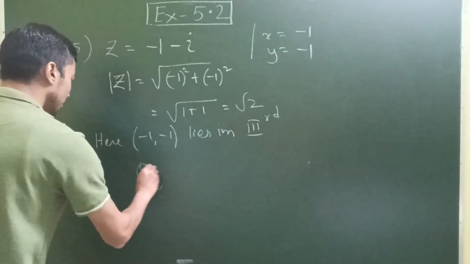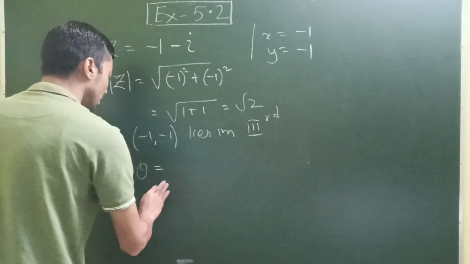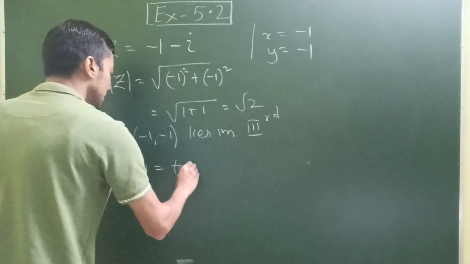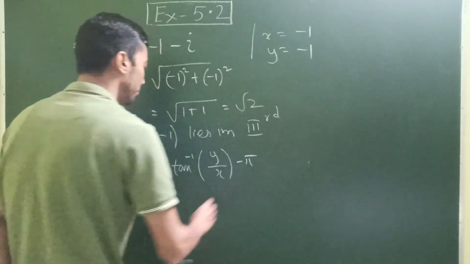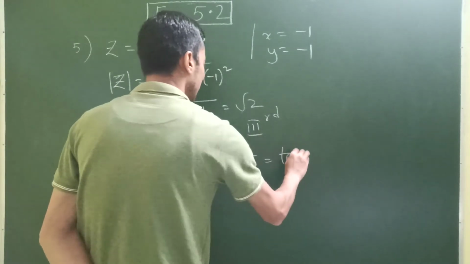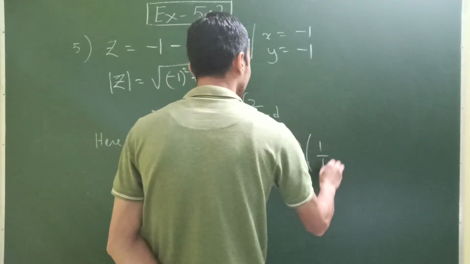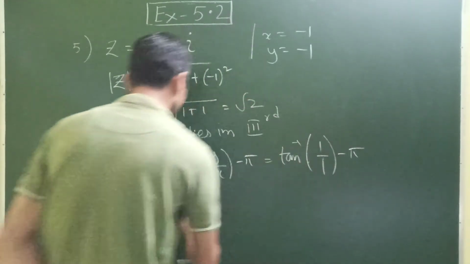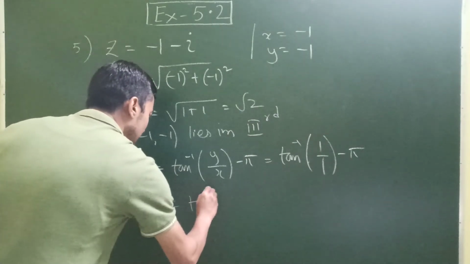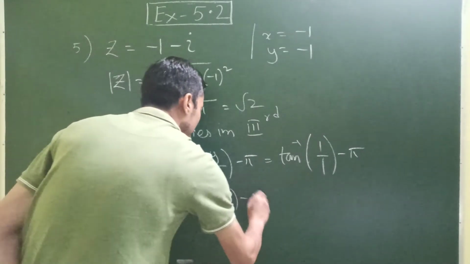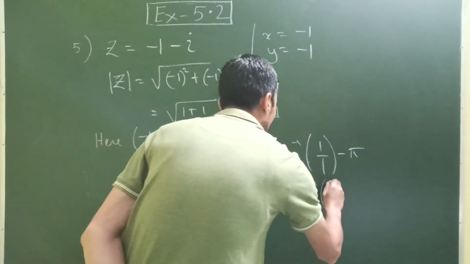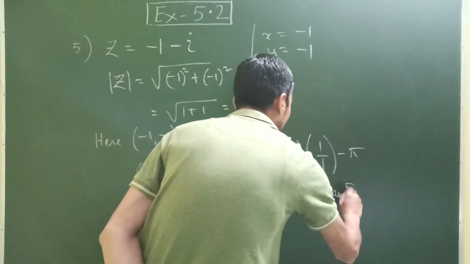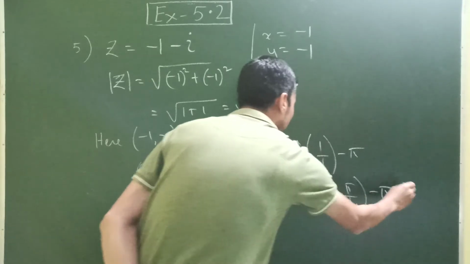So in that case, what will be our argument? Third quadrant, in that case, it's going to be tan inverse y upon x minus pi. That should be tan inverse 1 minus pi. So that will be tan inverse 1 is tan 45, that is pi by 4, minus pi.